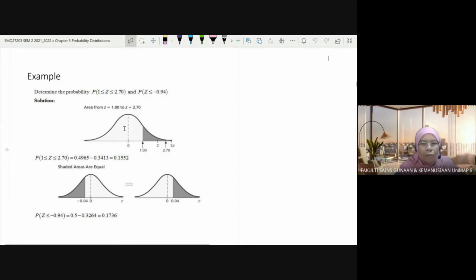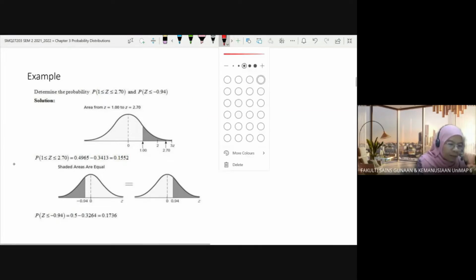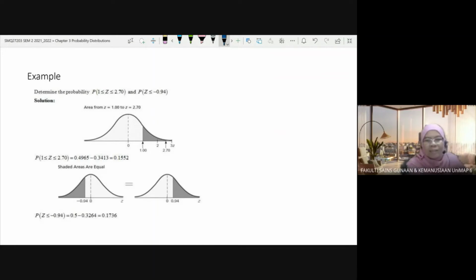How are we going to look for this value? The interest is finding the probability value. So let's say you forget about this first. Okay, you forget about this first. Look how I solve this using our understanding based on our discussion just now.